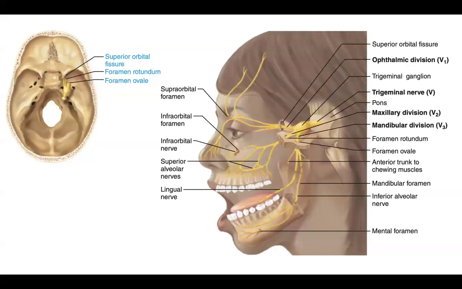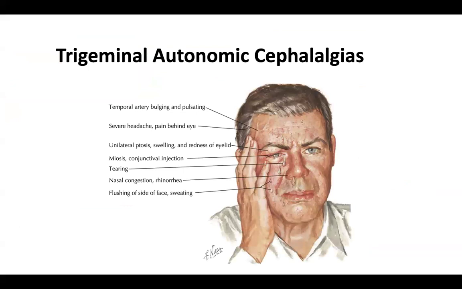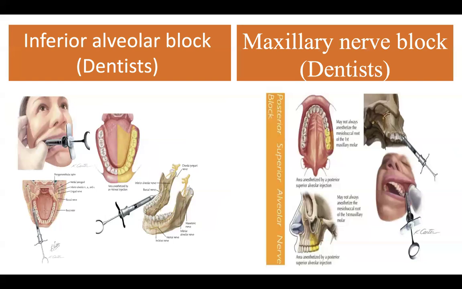We have here the three divisions: ophthalmic, maxillary and mandibular. This is regarding trigeminal autonomic cephalalgia: tearing, redness, dryness and nasal congestion on one side. We also have trigeminal neuralgia, where the patient complains of pain along the course of one of these nerves and the pain persists.